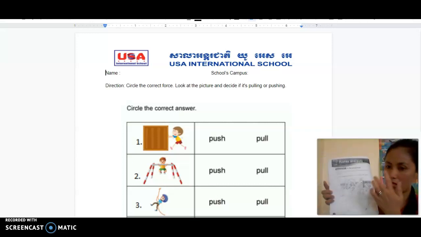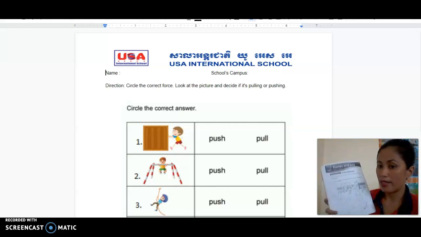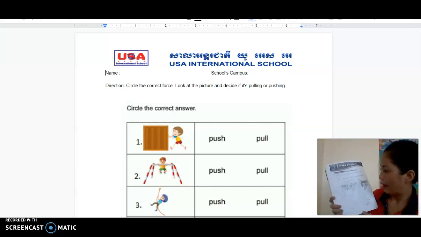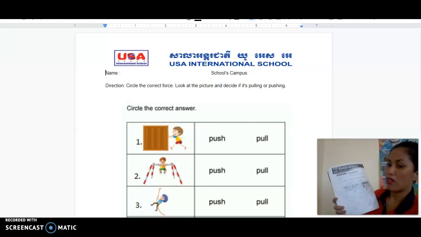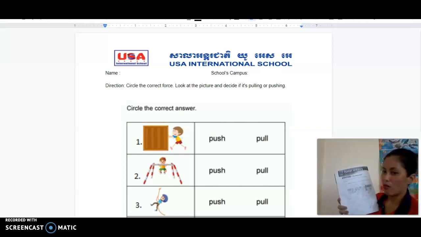So I'm just gonna narrate it, and then you can open your book and see which one I was talking about. Okay, so this is a picture of a mom and a daughter, and the mom is swinging the kid, right? And there's a dad and a son. The son is riding a bike, and dad is helping him move the bike.